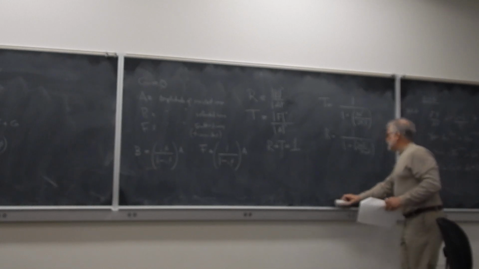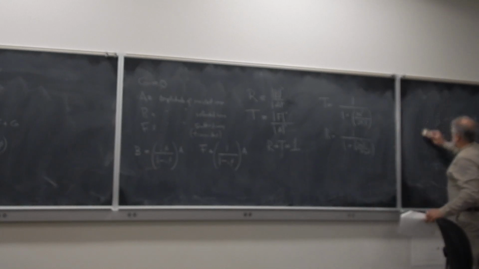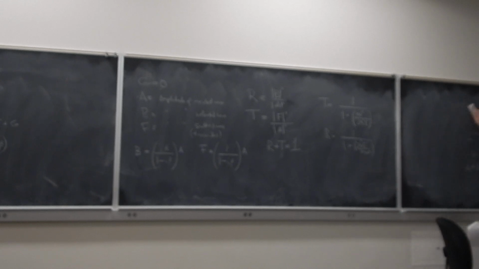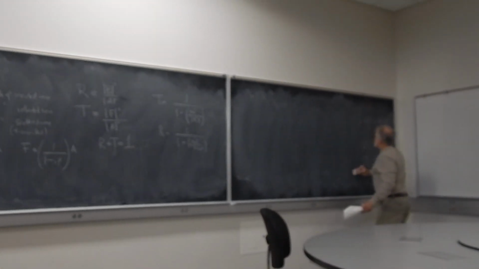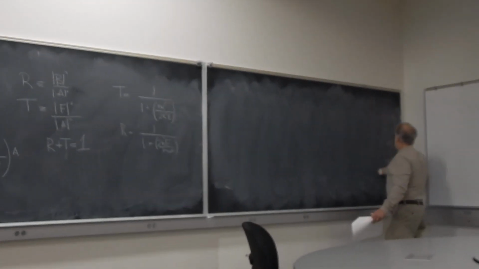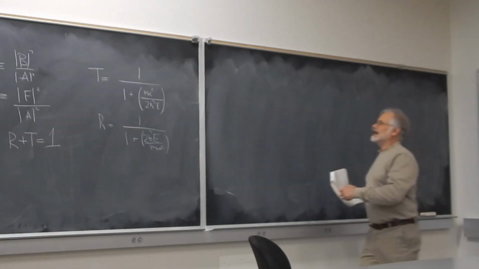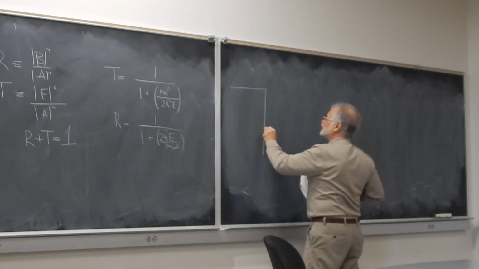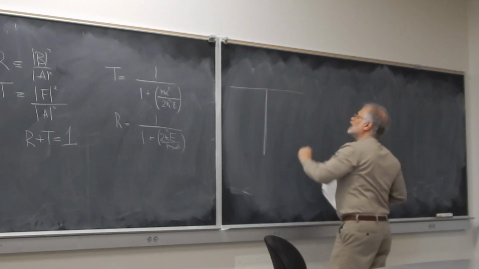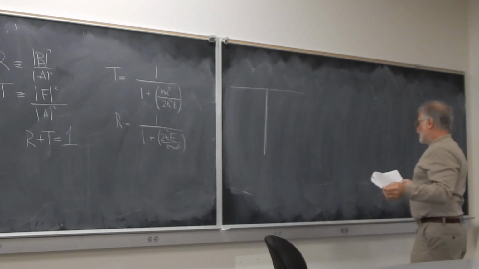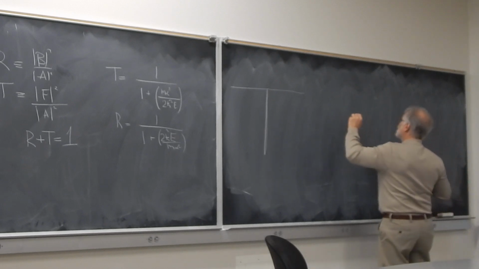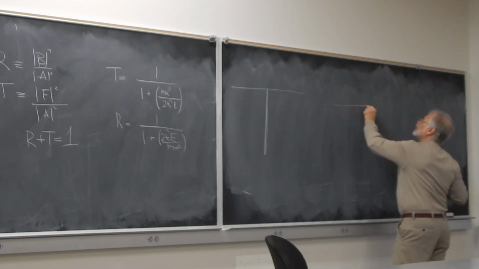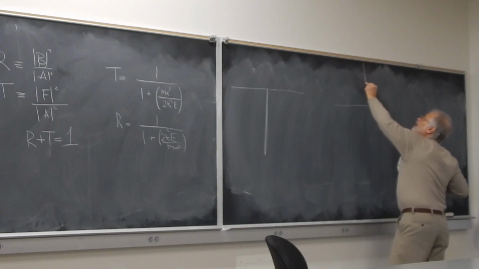Just a wrinkle on this. The problem that we've just solved was a delta function potential. So, sort of a coarse drawing of that, since I can't really draw a delta function, would be something like this. On the other hand, you could also do it for a delta function barrier. So something that looks approximately like this.